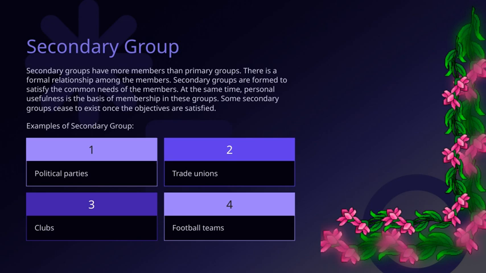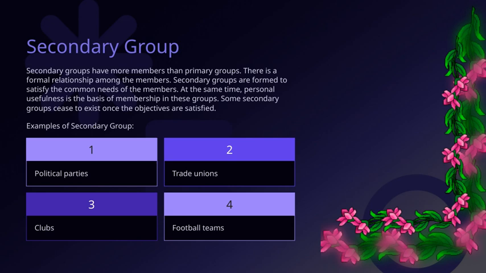personal or professional lives. It's also interesting to note that some secondary groups might cease to exist once their specific objectives are achieved. For instance, a project team might disband once the task is completed. Some common examples of secondary groups include political parties, clubs, trade unions, and even sports teams like football teams.